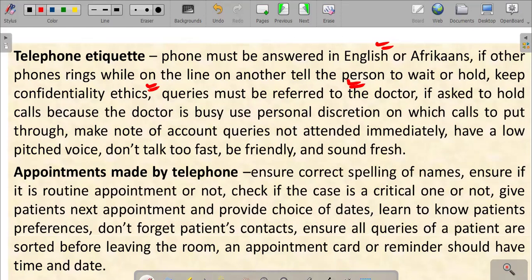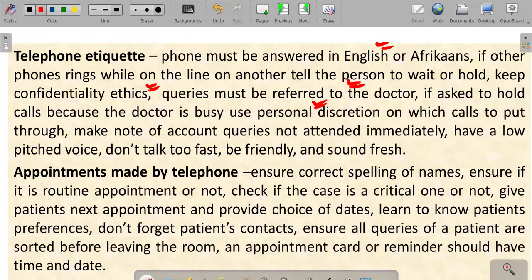If asked to hold calls because the doctor is busy, use personal discretion on which calls to put through. That is to say there is a time of decision making or opportunity cost which has to do with the seriousness of the matter.